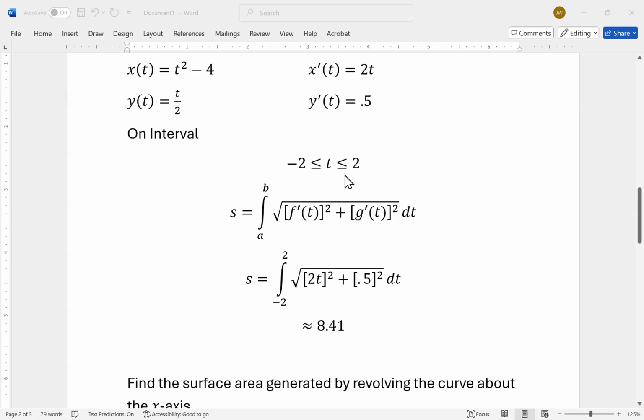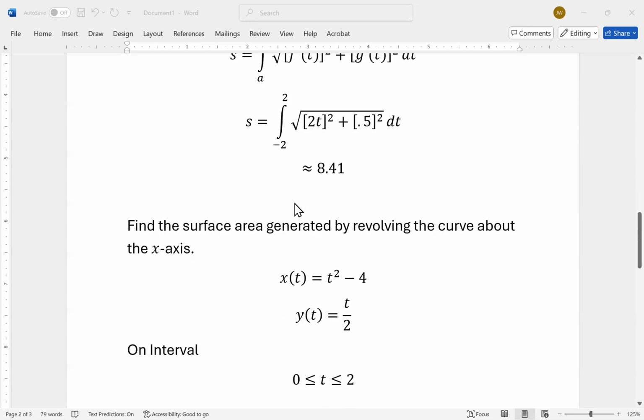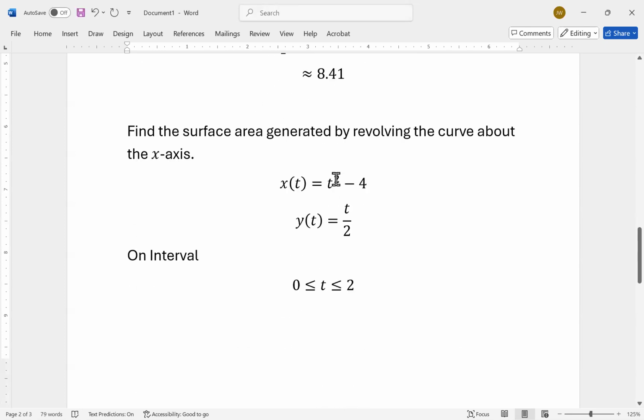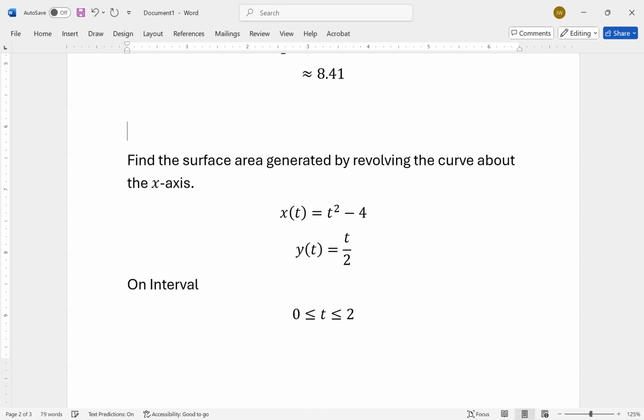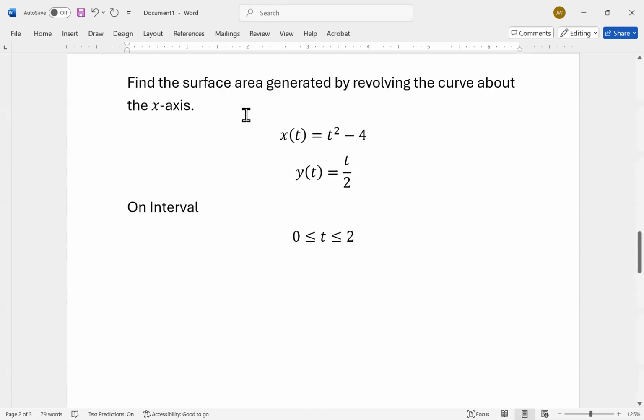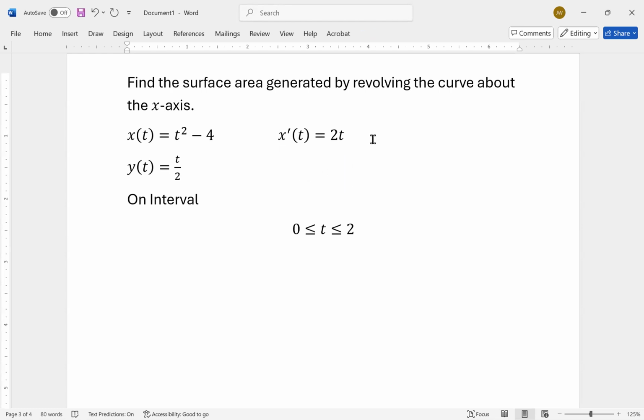We did it over a different interval when we found the arc length, but none of those steps are going to change when we deal with surface area. When we deal with surface area, we start out by saying what is x prime of t, and we already know that's 2t. And then what is y prime with respect to t? We already know that's 1/2 or 0.5.